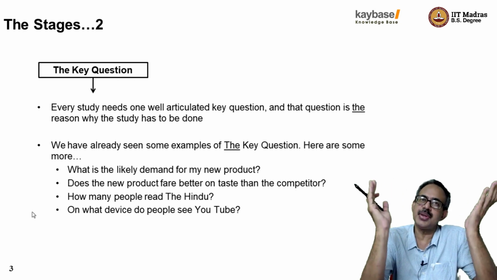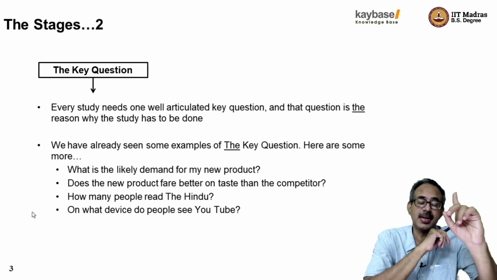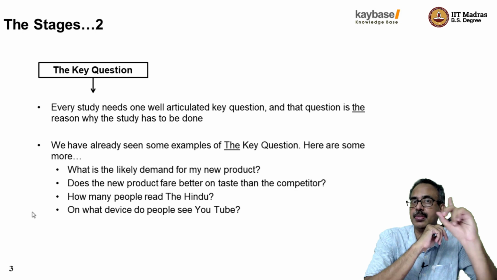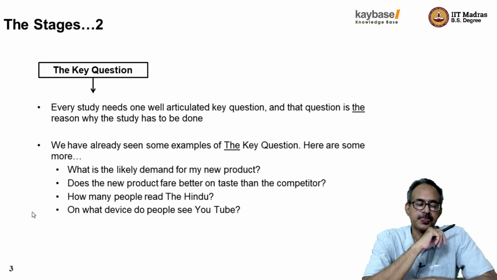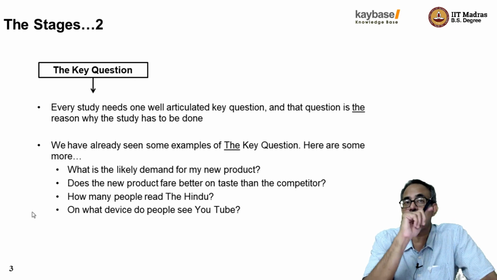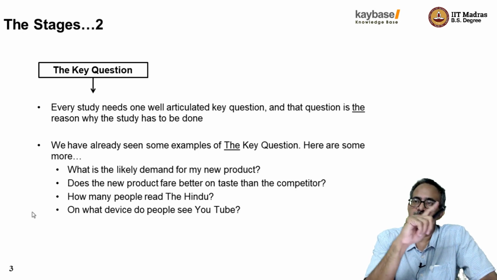That could be 5, 6 things. But there has to be one primary objective. It has to be very, very clearly articulated in marketing terms, not in general common man terms, in marketing terms. And you're doing the study because of that one main reason. You're not doing the study because of the secondary reasons. The secondary reasons don't justify the time and expenditure for the study. It is the main reason that justifies the time and expenditure for the study.